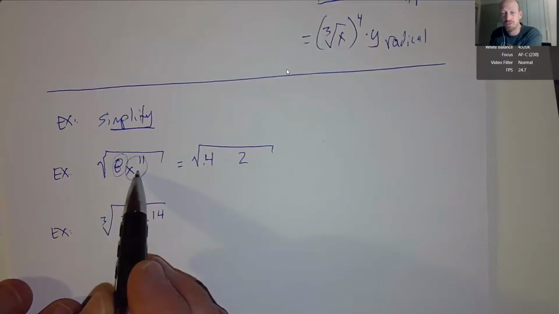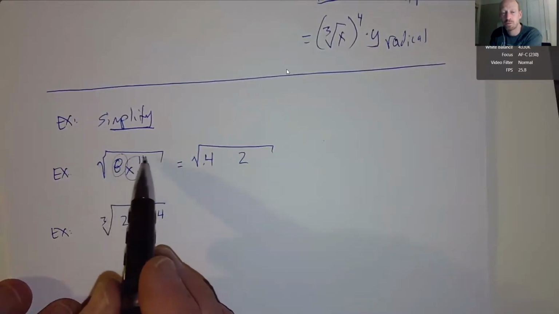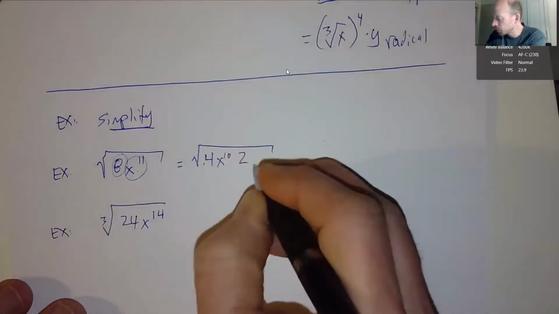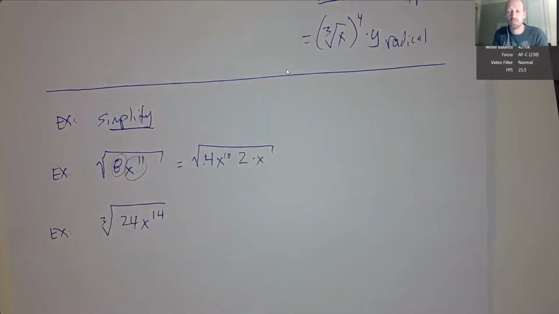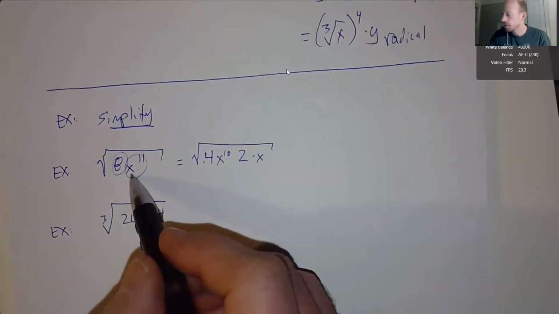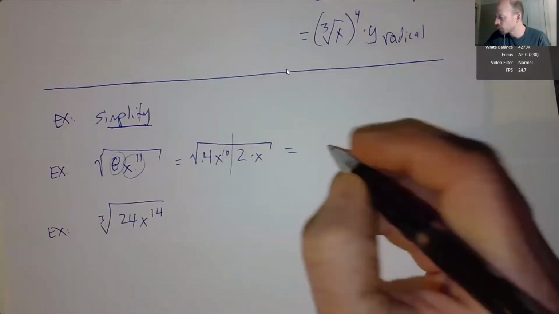X to the 11th, we remember that the square root divides exponents by 2. So the biggest way I can break that up is to put x to the 10th in the perfect square part and the other x in the end, right? So if I multiply this together, I get back what I started, but I've divided it in a way that I can take the square root.